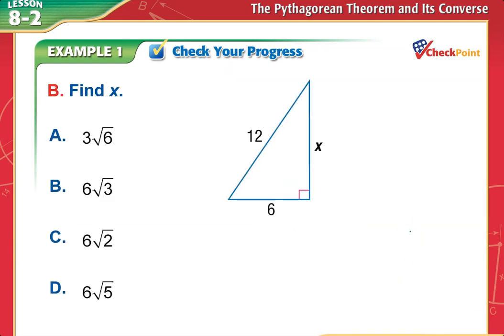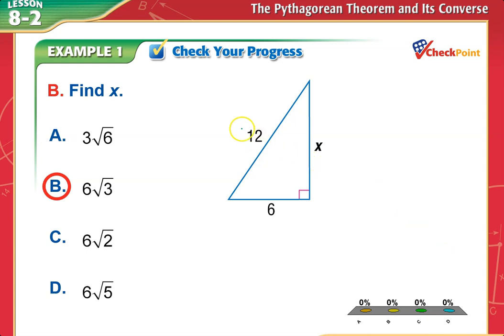Take the square root of both sides. Okay, check your progress. This time we're finding a length of one of the sides of a right triangle. Go ahead and pause your video and solve for x. Okay, this time the answer is 6 square root of 3, or you might have got also 108. Let's see how that was found.